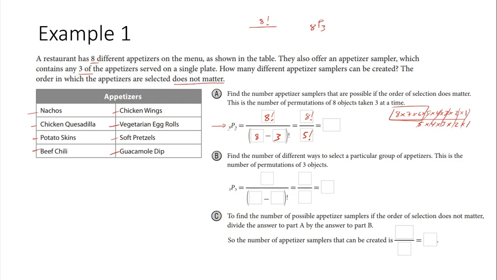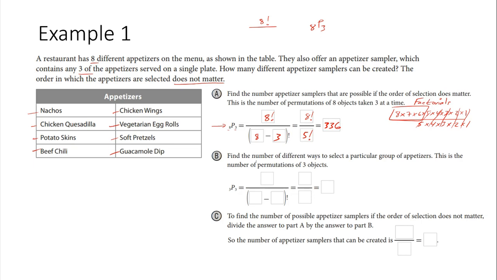All that's left is really just 8 times 7 times 6, which should give you 336. So remember how to deal with factorials. This will come up later in your career, and it's something to keep in long-term memory. So this basically says there are 336 different permutations you can pick, choosing 3.